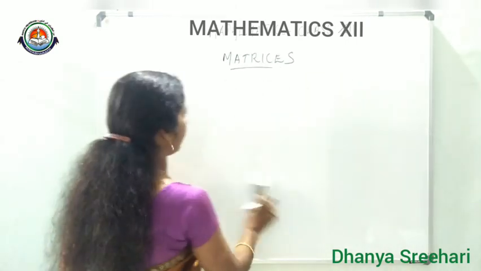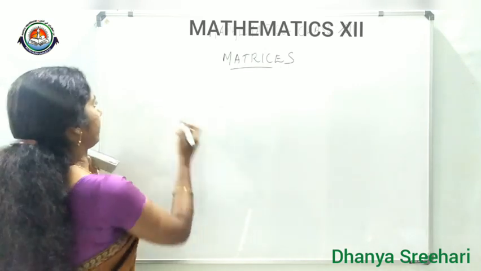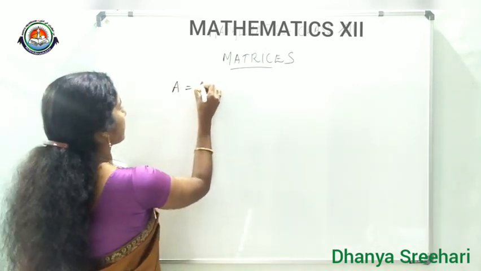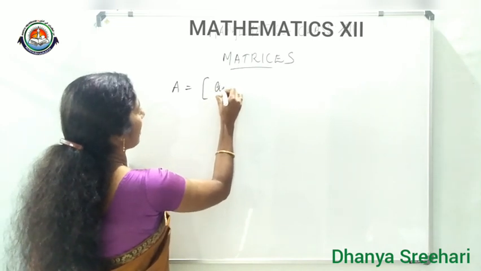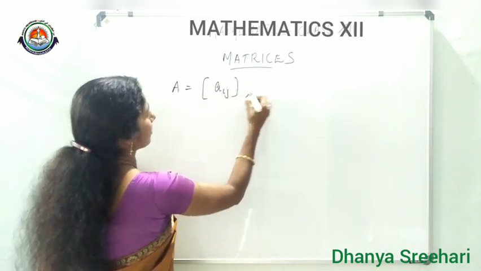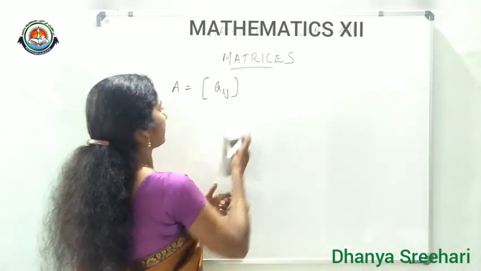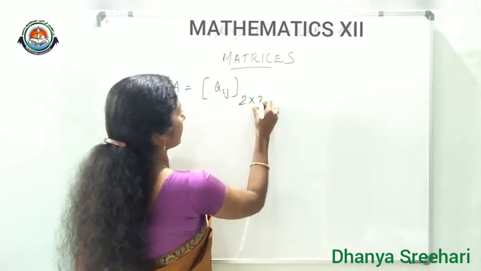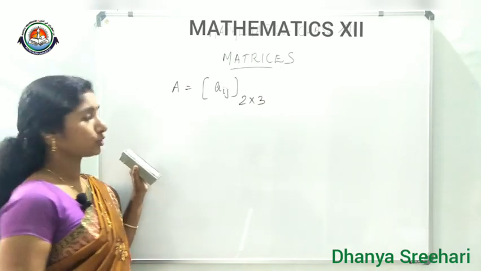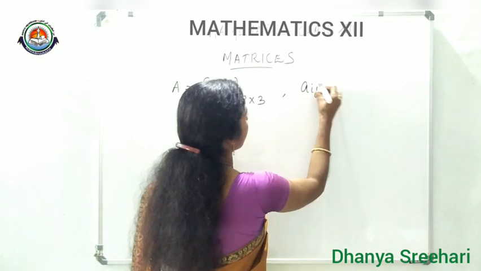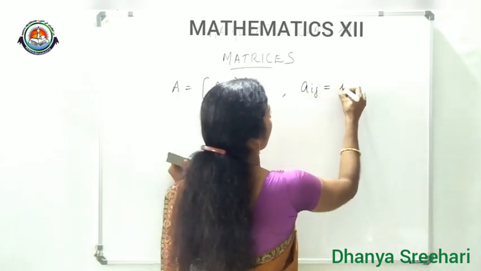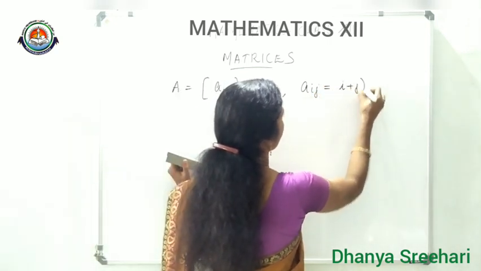We need to construct a matrix. Matrix A is equal to matrix Aij, comma, and the order is given as 2 by 3, and it is given Aij is equal to (I plus j) whole square.